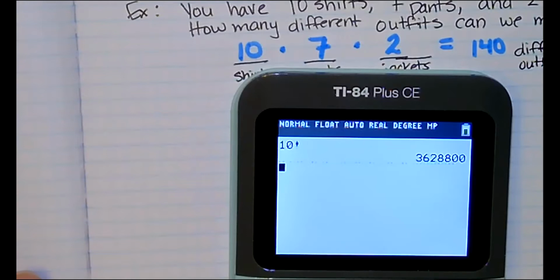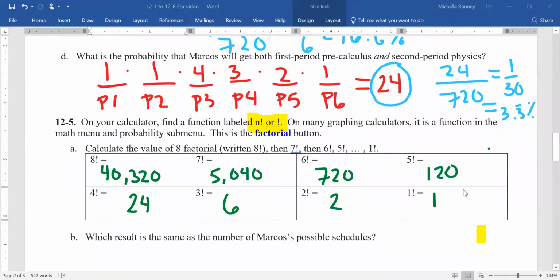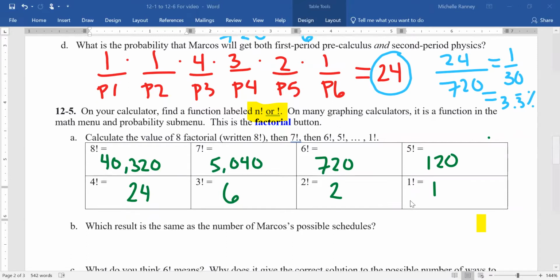Let me right now share with you my answers to see if you got the same. So you should have gotten 40,320 for 8 factorial, 5,040 for 7 factorial, 720 for 6 factorial, 120 for 5 factorial, 24 for 4 factorial, and 6 for 3 factorial, 2 for 2 factorial, and 1 for 1 factorial.